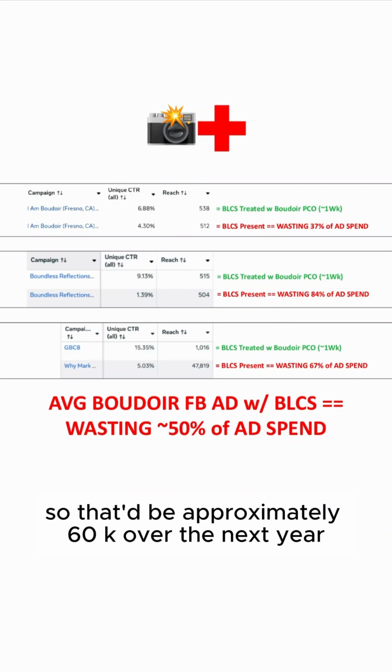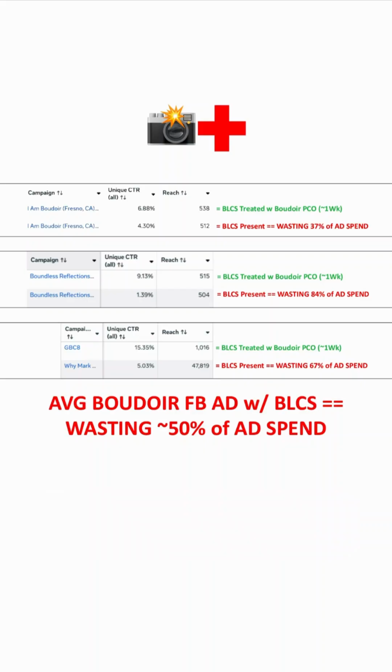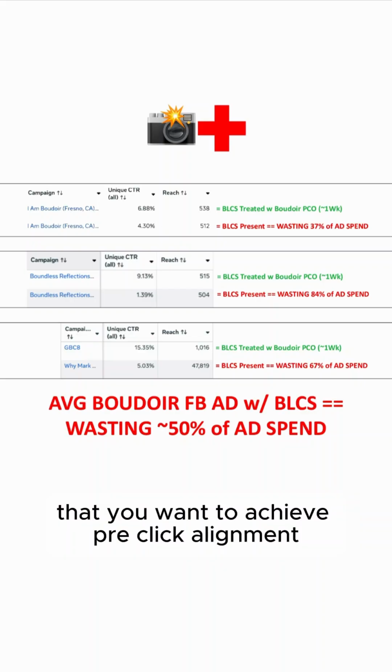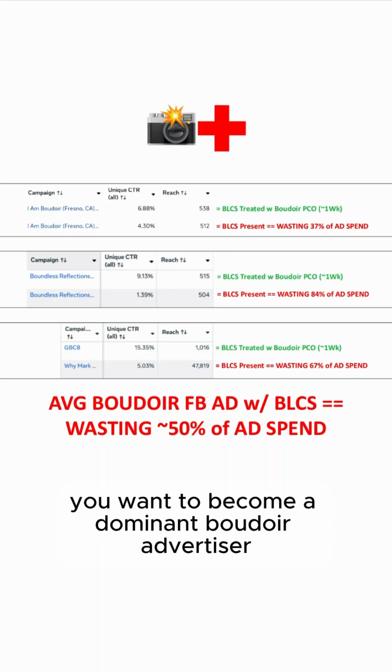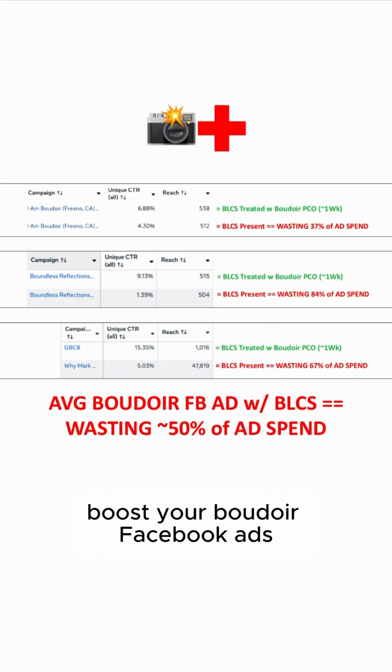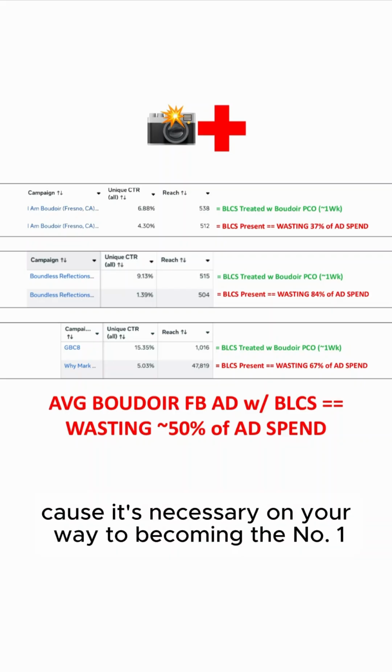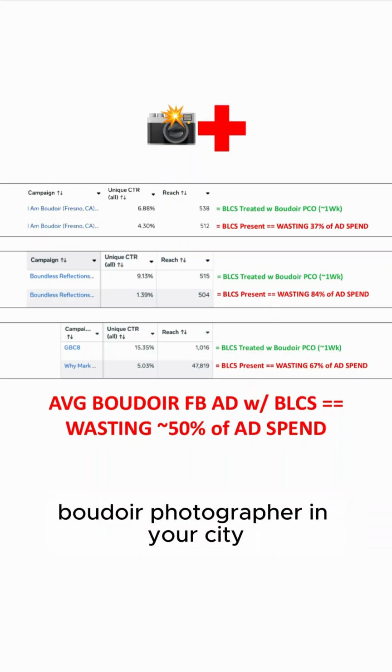So that'd be approximately 60K over the next year. And you decided that you want to achieve pre-click alignment. You want to become a dominant Boudoir advertiser. You want to achieve Boudoir brain entry boost for your Boudoir Facebook ads, because it's necessary on your way to becoming the number one Boudoir photographer in your city.